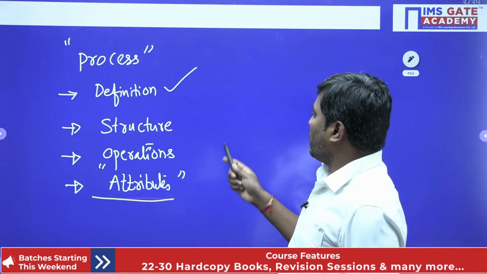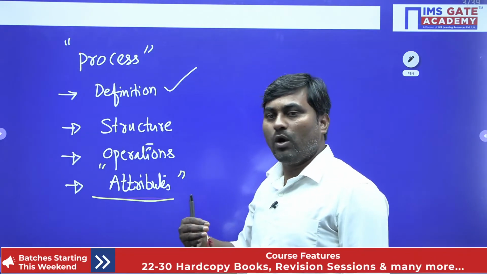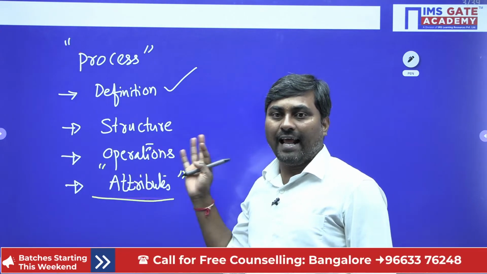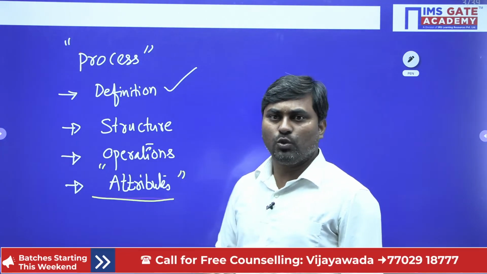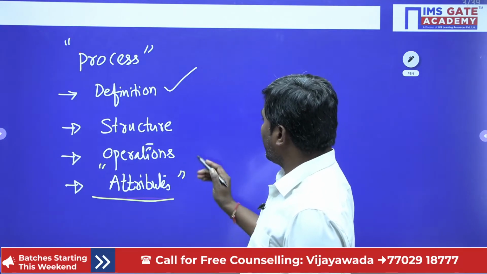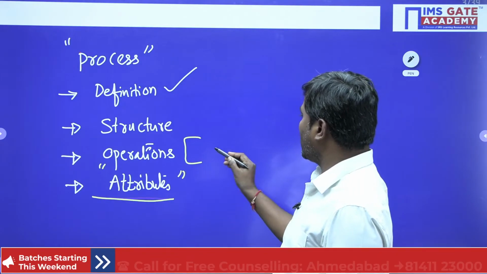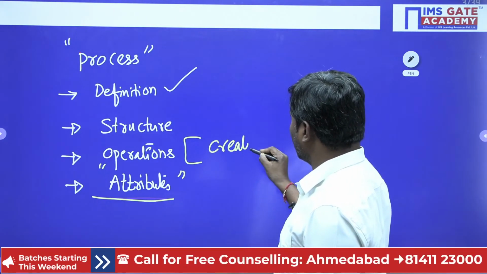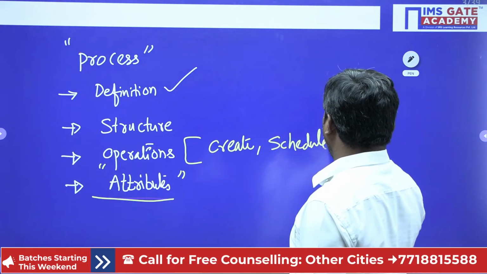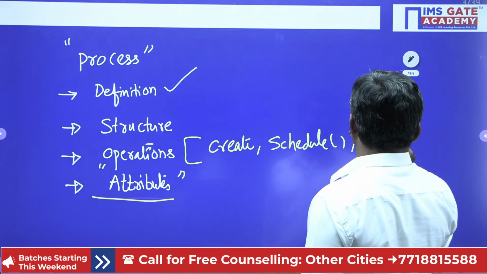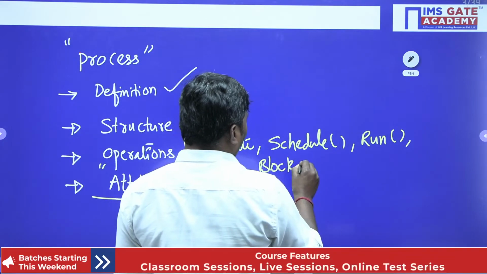I don't want to go deep into the process structure I discussed, but try to watch the previous session too and you will benefit. The various operations of a process we have seen: we need to create a process, schedule the process, and run the process, that means execution. You can temporarily block the process whenever IO activity is required.